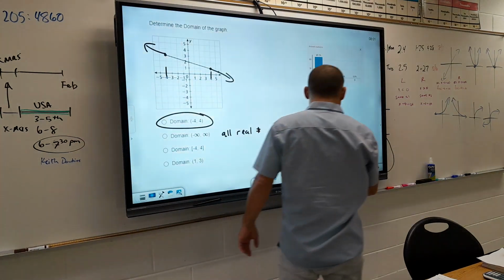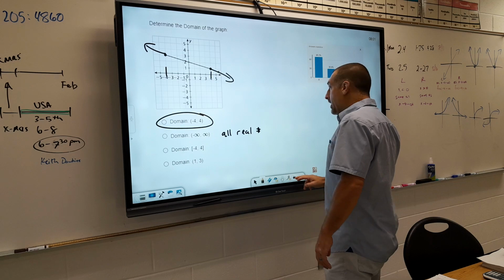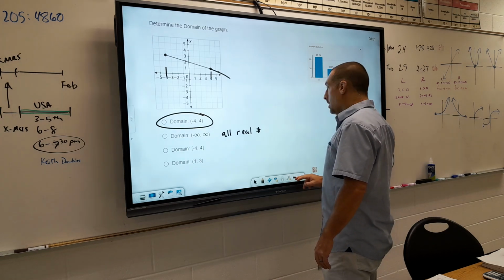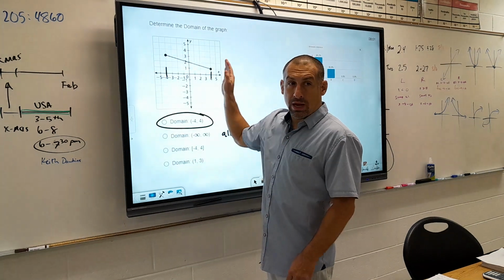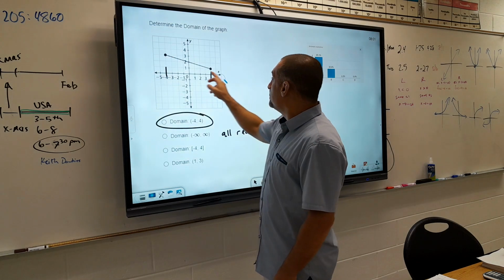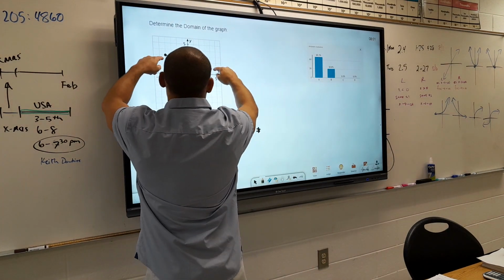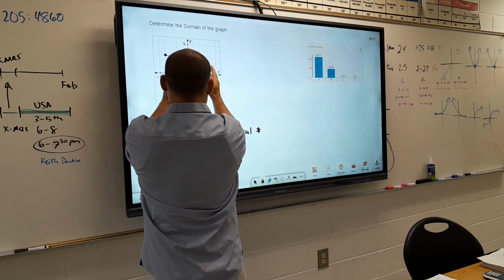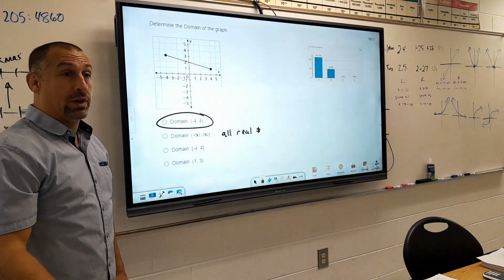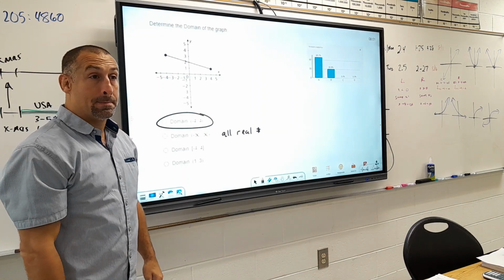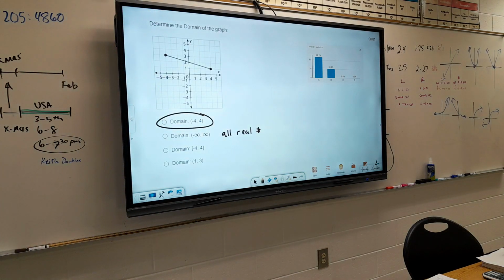This isn't that thing. We have definitive stopping points, a beginning and an end. All right, so lateral existence, choose those points and look at the x's because that's what you think of when you think of domain. Any questions? All right, so 69%, not too bad.